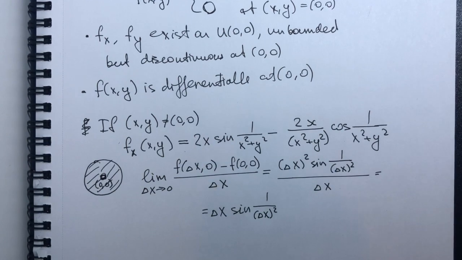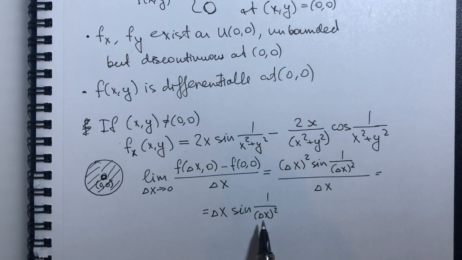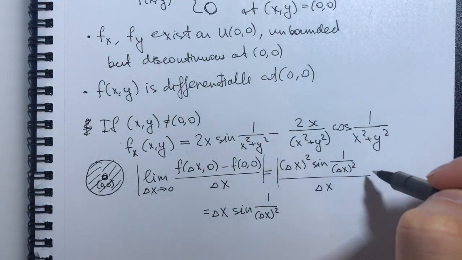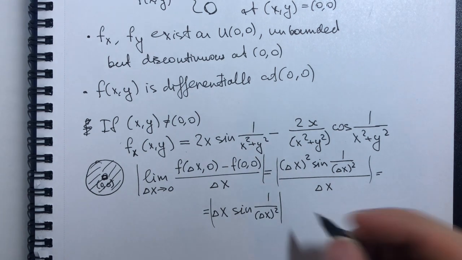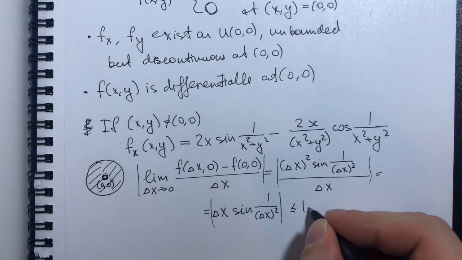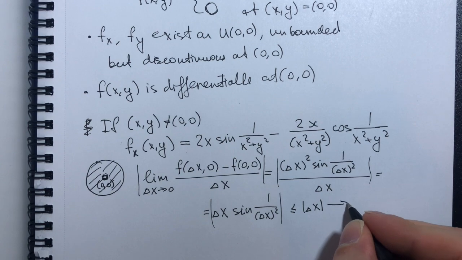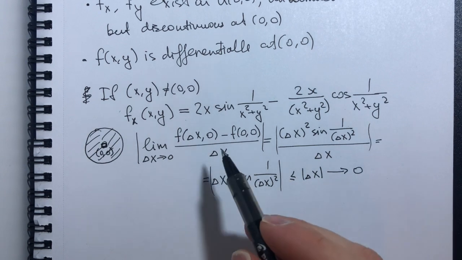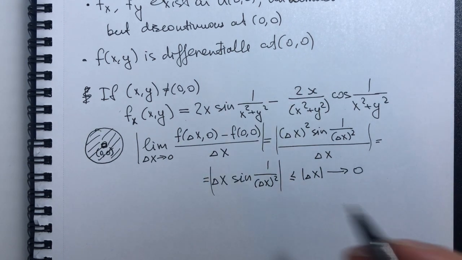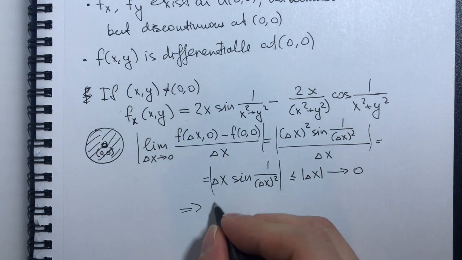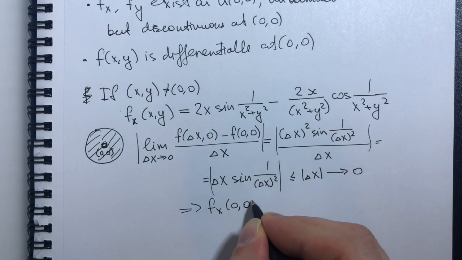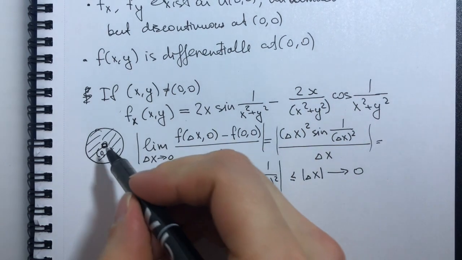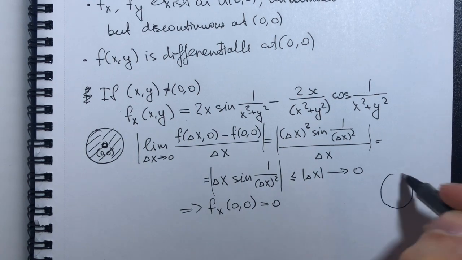And of course, the sine function is always bounded above by 1, so I can just do modulus, and this is going to be less than or equal to the modulus of delta x, but it's going to 0. So my limit exists, and it is equal to 0. Likewise for fy. So this specific limit shows us that the partial derivative at 0, 0 is simply 0. So now we can include this point into our neighborhood.